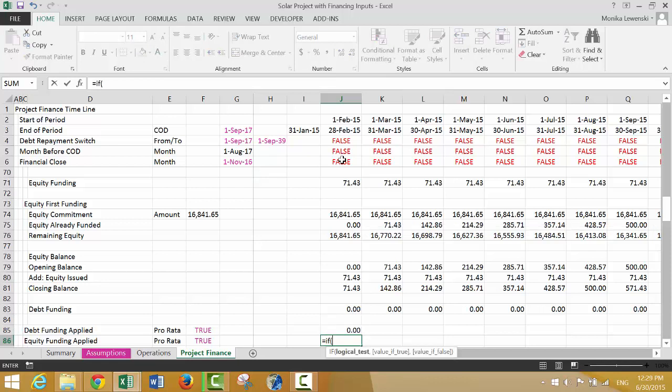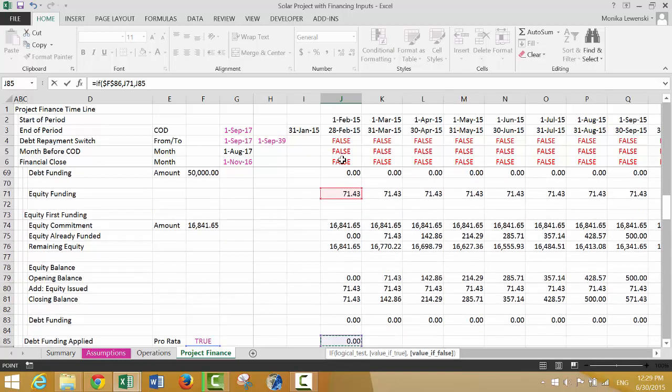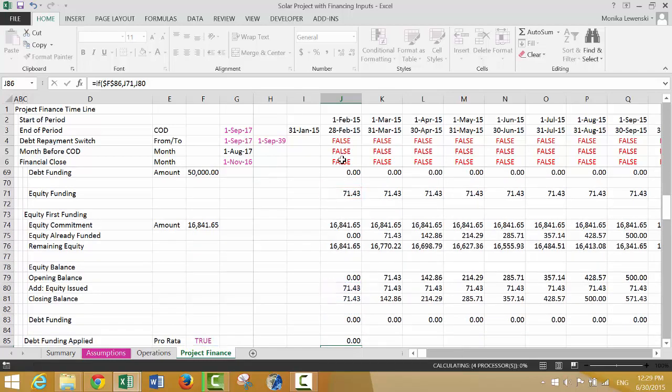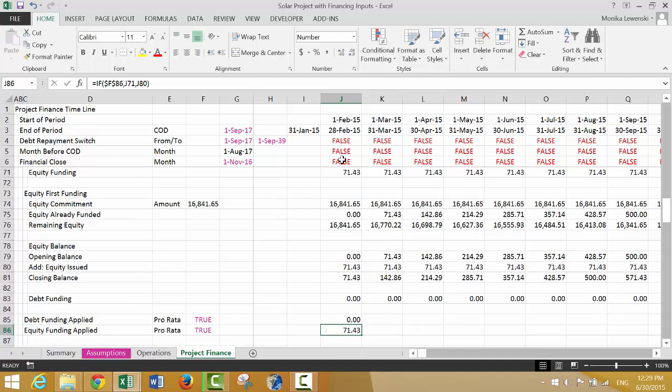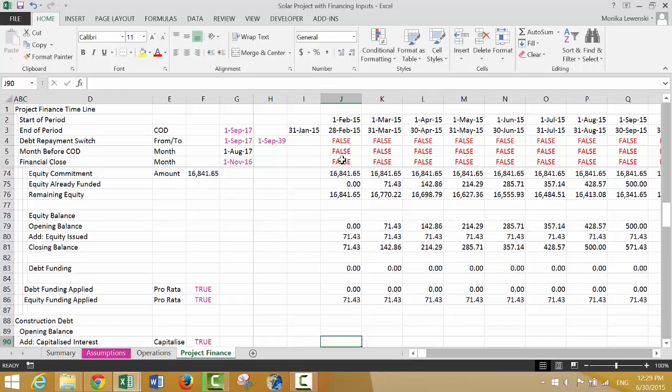And if it's true, then we'll take the equity funding from the pro rata, otherwise we'll take the equity funding from this one, which is a little bit trickier. And yeah, that's okay. Did I do that right? Okay, I think I did that all right.